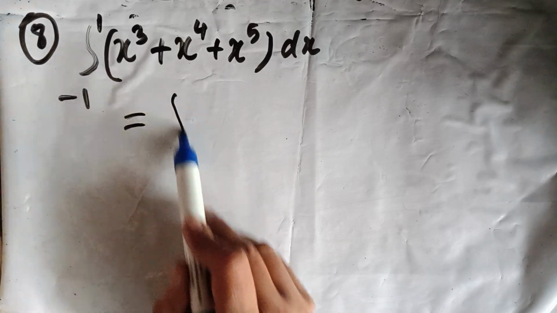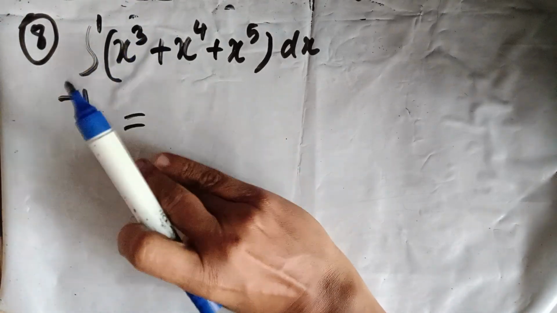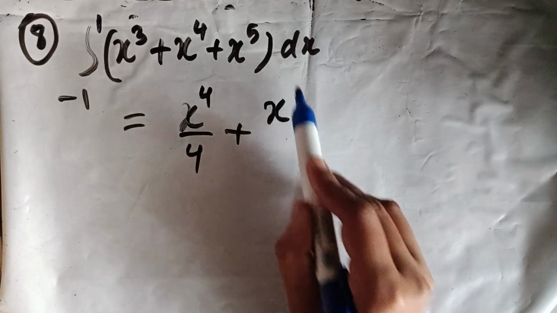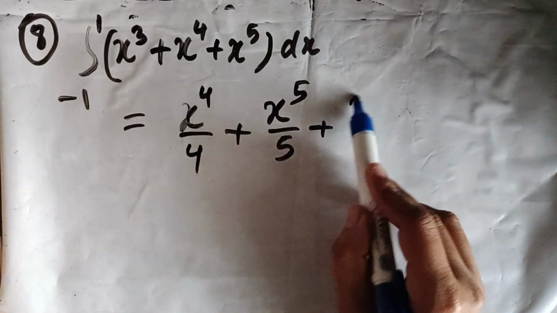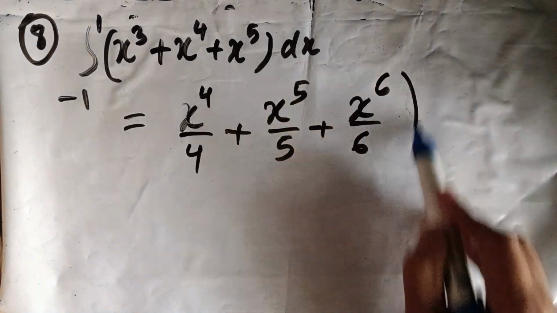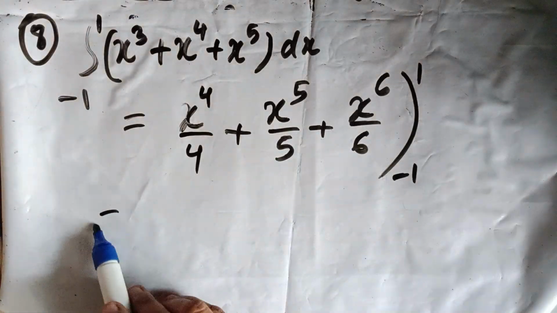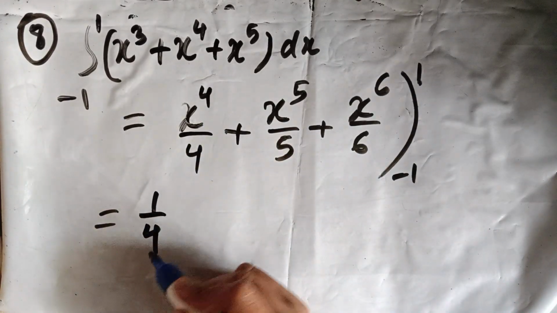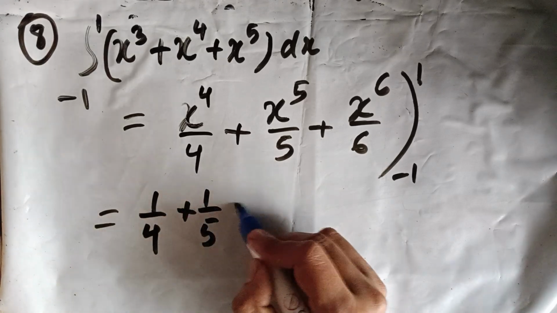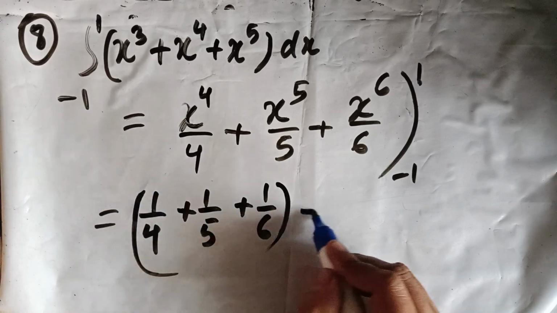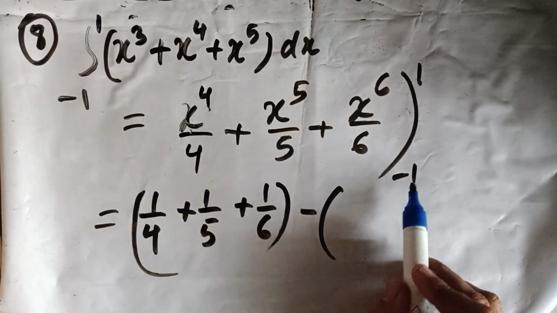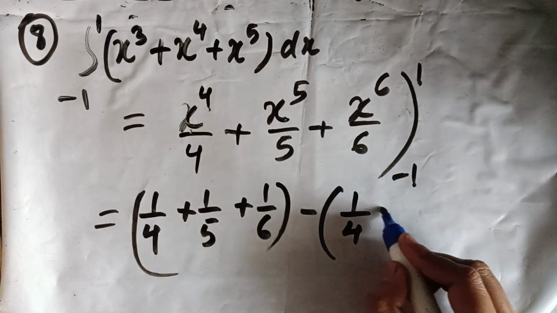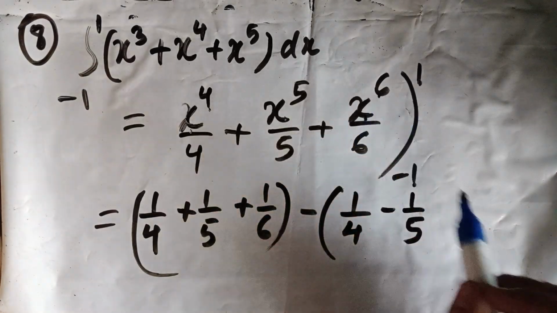Okay. So integration of x cube is x raised to 4 upon 4, right? x raised to 4 is x raised to 5 upon 5, and x raised to 5 is x raised to 6 upon 6. Limits are minus 1 to 1. So you have to put first the upper limit b. So x raised to 4, 1 upon 4 plus 1 upon 5 plus 1 upon 6 minus the lower limit: minus 1 raised to 4 positive, minus 1 raised to 5 negative, minus 1 raised to 6 positive.